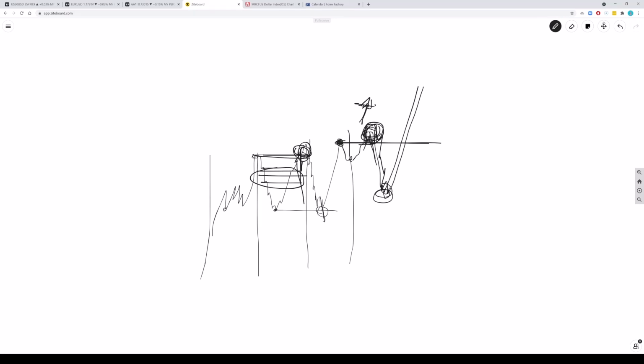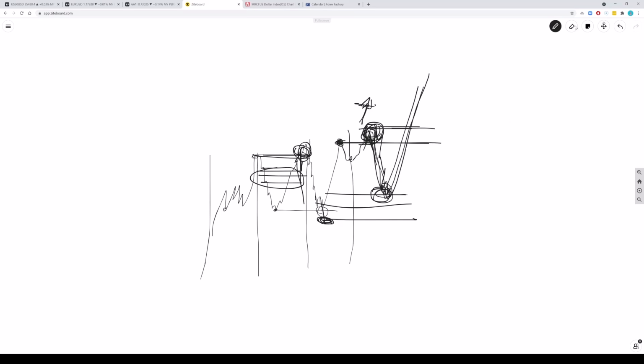So if we get the close, then you look for continuation, but if it pulls back, that's better, because it's going to find a discount array between your true low versus your true high, and then look to continue going up.